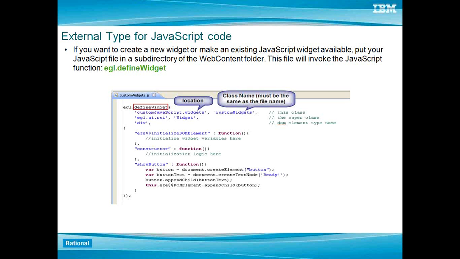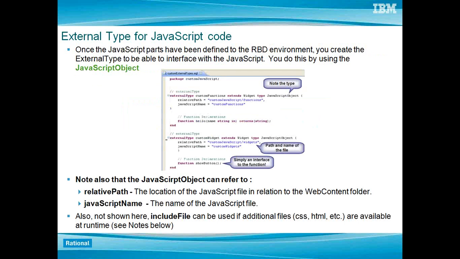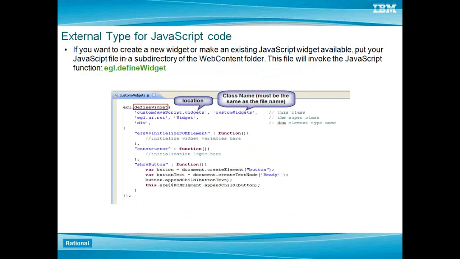In this way, we are appending a widget inside of the EGL rich UI runtime or library, and then we are free to call this widget with its custom widget name and then calling its function. So in this way we can create our custom widgets.